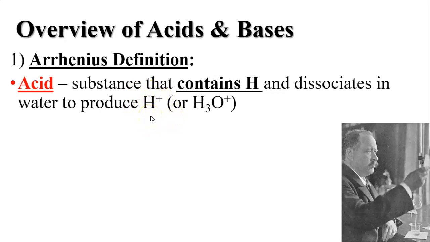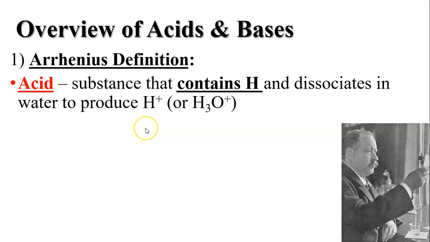So H plus, or with H2O, right? If you add that H plus to H2O, you get H3O with a plus charge. Now that sounds messy, but that just means an acid is a chemical that already has hydrogen that can let it go when it dissolves in the form of an ion.